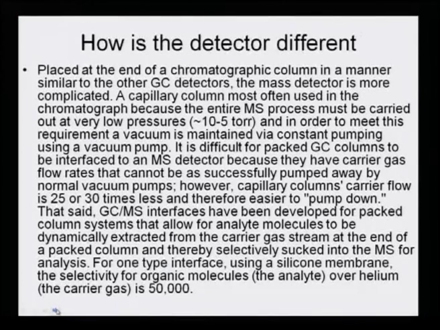A capillary column is most often used in the chromatograph, because the entire MS process must be carried out at very low pressure, that is 10^-5 torr or less, and in order to meet this requirement, a vacuum is maintained via constant pumping using a vacuum pump.